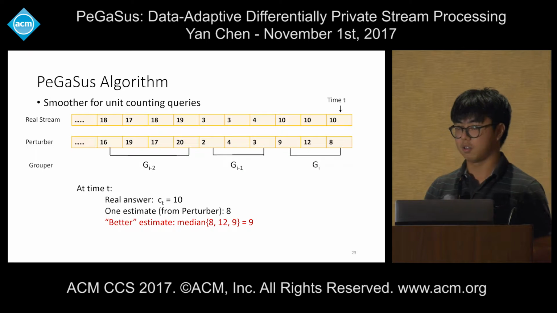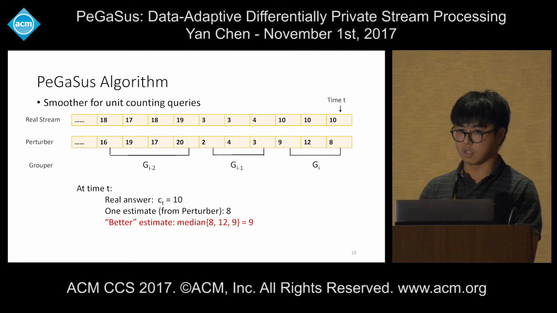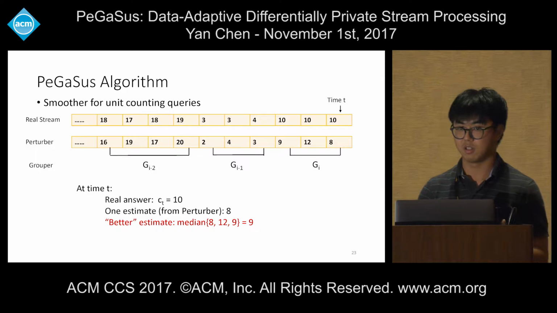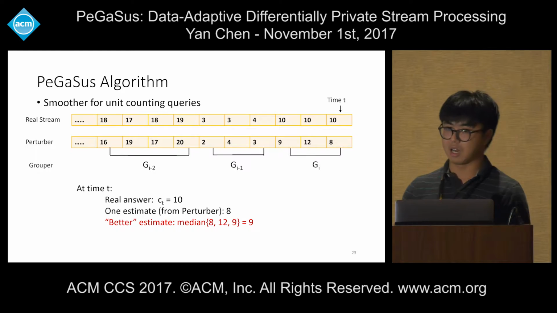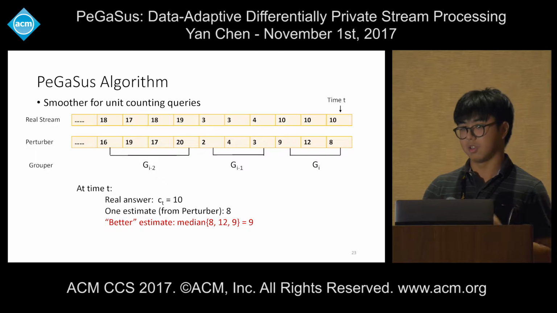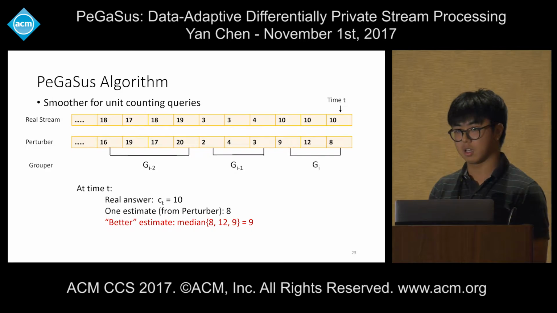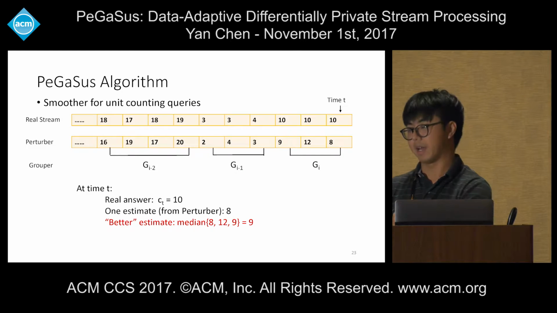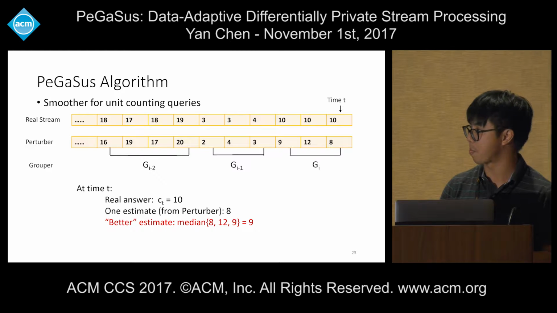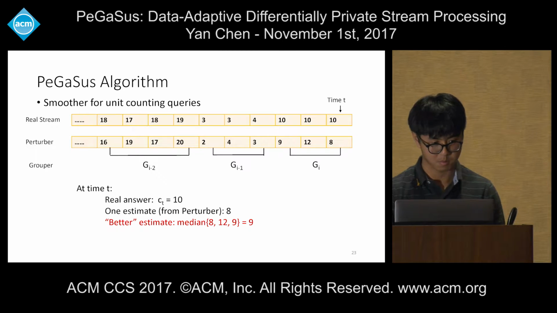But we can do better. We know that the elements in each group from the grouper share similar counts, and the last group G_i contains the current index t. So we can use the median of the noisy counts indexed by the last group G_i as a better estimate of the current element.